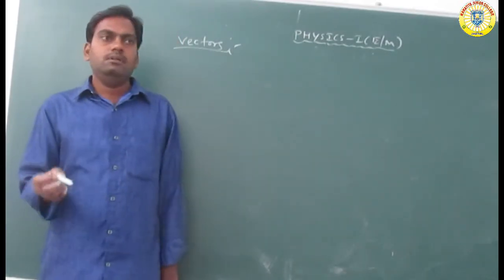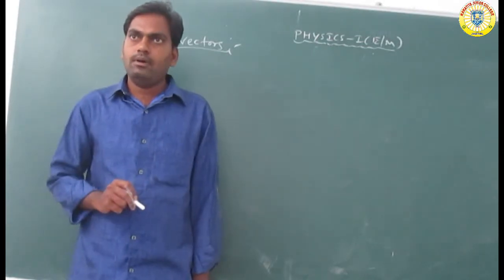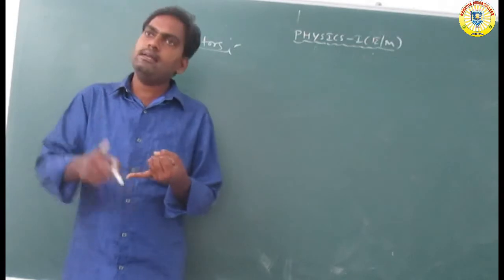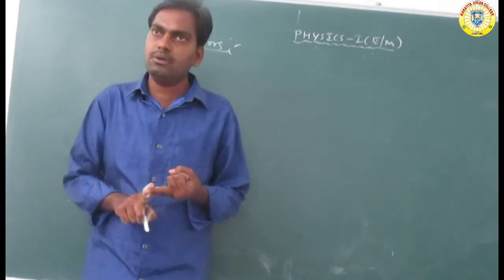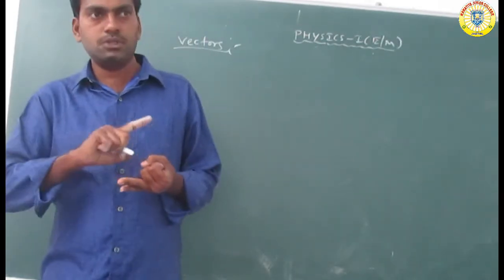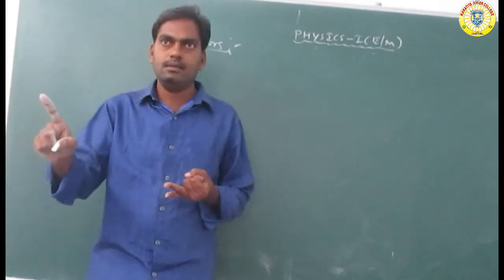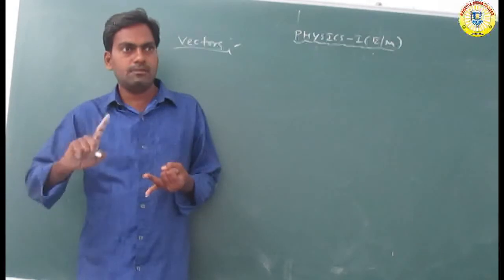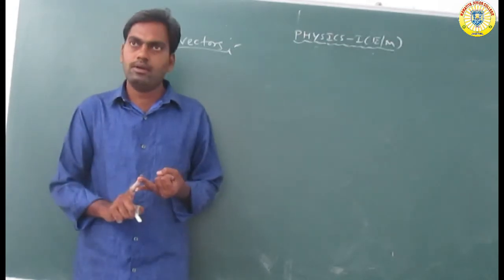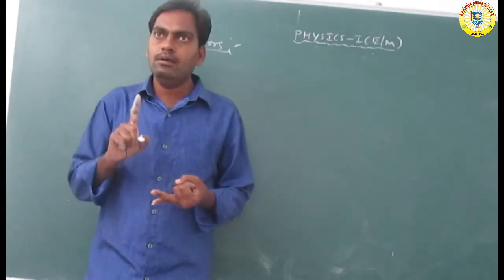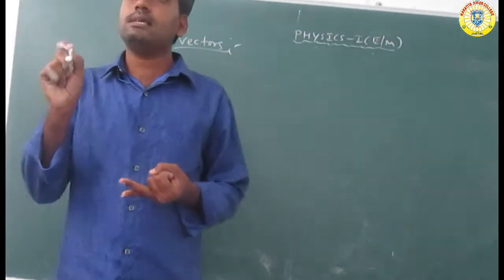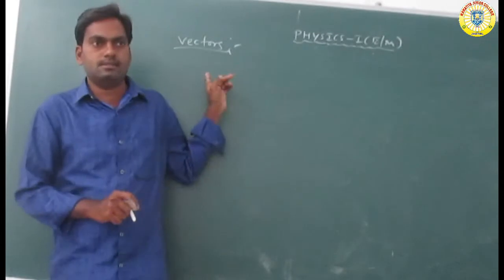For example, displacement has a particular direction, and also a magnitude, like 10 centimeters or 5 centimeters or 6 centimeters. Got it? That means having both magnitude and direction, so that physical quantity is called a vector.